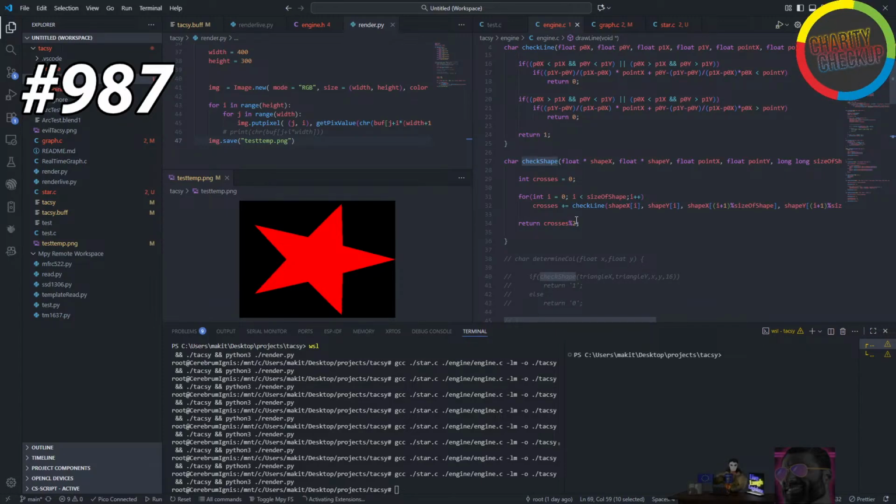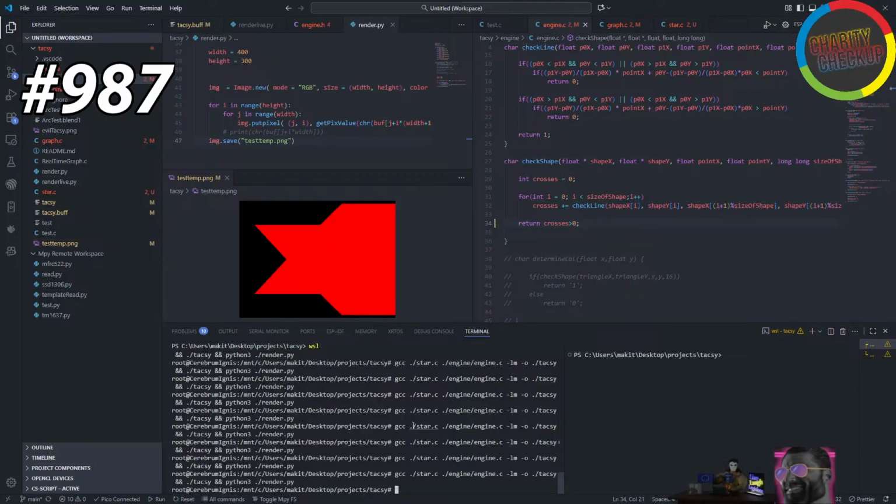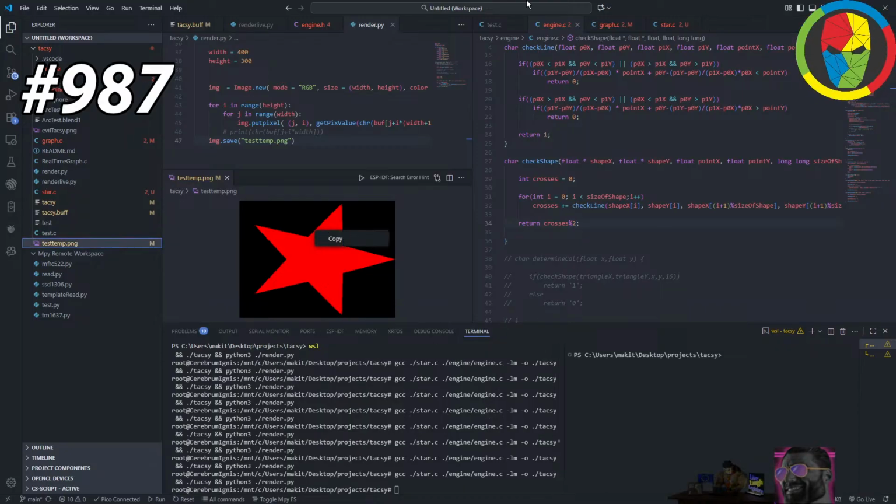Instead of this, we'd like to return it greater than 0. Ta-da! This is what I meant. Oh, it feels so good to know how your own code works. That's like the wonk factor.